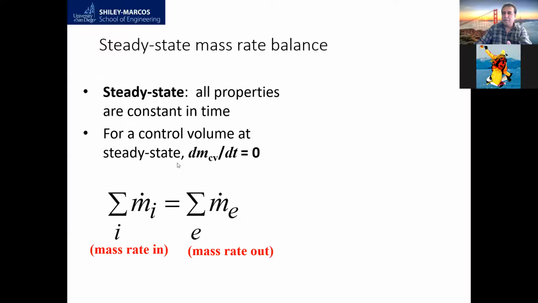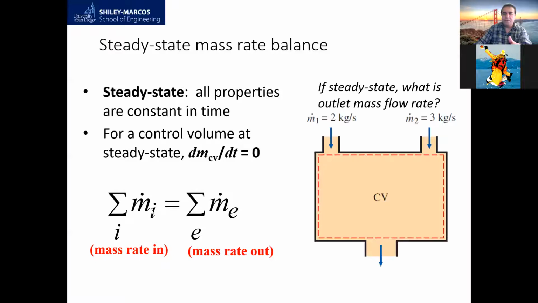That will be the fundamental work that we're going to be using to solve thermodynamics problems. So for conservation of mass, when this is 0, the mass flow rate in equals the sum of the mass flow rate out. The m dot means mass flow rate over time.